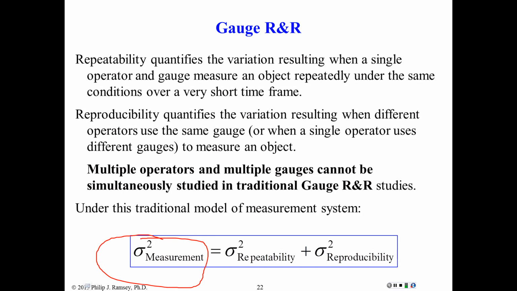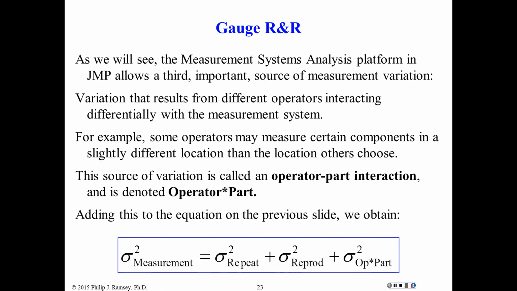So sigma squared measurement is a theoretical measure of variation in the measurement system, random variation, and it has two sources, the repeatability variation and the reproducibility variation we talked about earlier. So all the variation, and again I mean random variation or noise, this has nothing to do with accuracy, is broken up into these two components, repeatability and reproducibility.